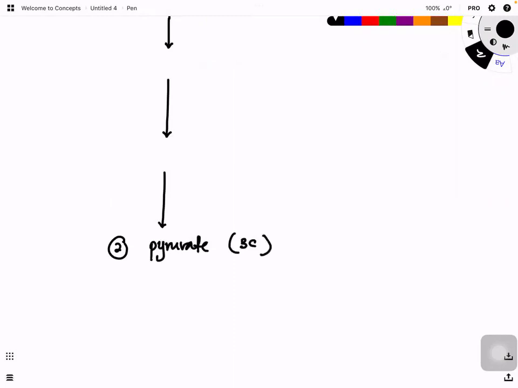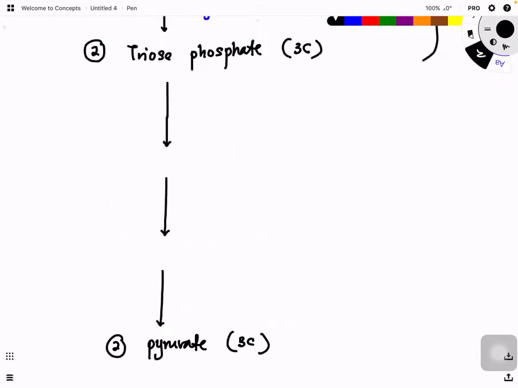Are you clear? Okay, so from these triose phosphates, you go through a series of reactions, then we get pyruvate. During this process, what actually happens? First, we have substrate-level phosphorylation. It means that ADP becomes ATP.